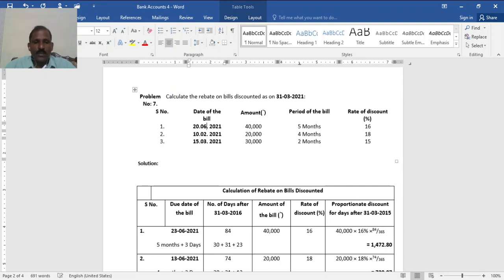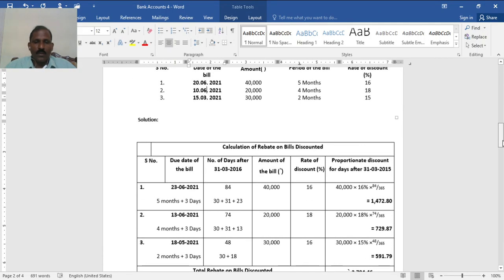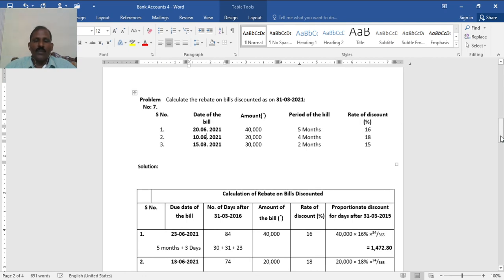This is also 6. One minute. That's right. This is the date of the bill, not the due date. Date of the bill, the date on which the bill is drawn.